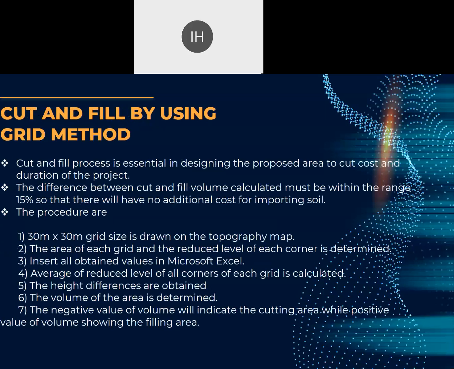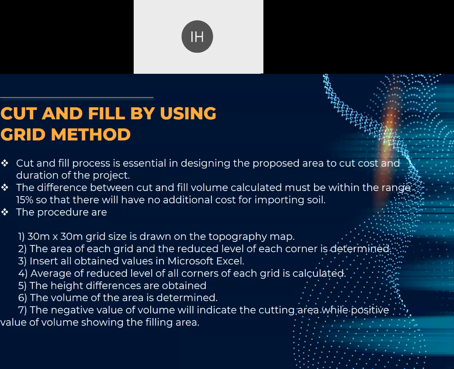The process is essential in designing the proposed area to cut costs and duration of the project. The difference between cut and fill volume calculated must be within the range of 50% so that there will be no additional cost for importing soil.